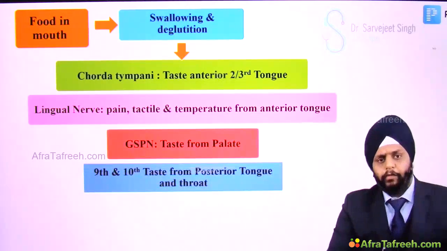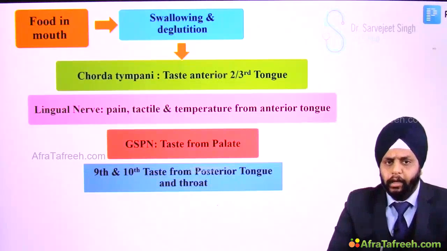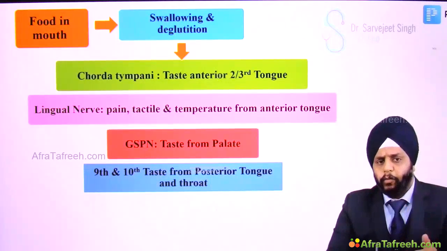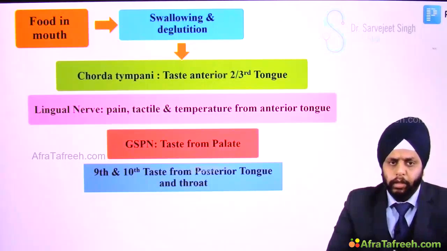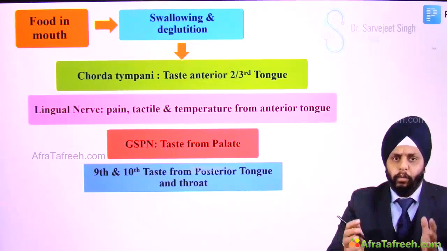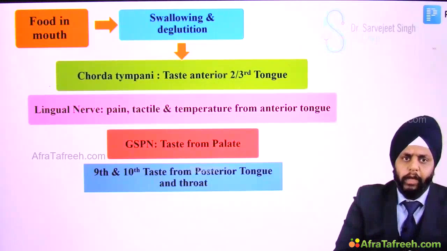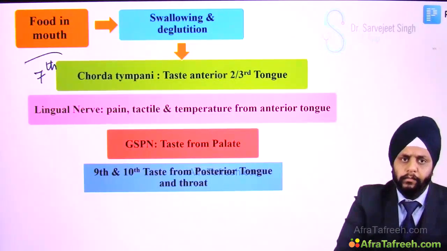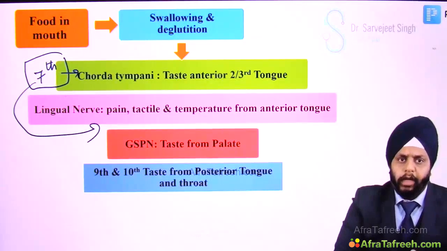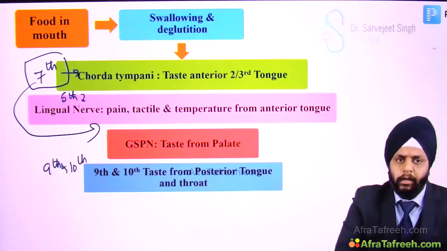And of course we have the 9th and the 10th cranial nerves, which are in the posterior tongue and the throat. Now what happens? You see, we have the 7th cranial nerve here and here, and we have the 5th cranial nerve here, and the 9th and the 10th cranial nerves.